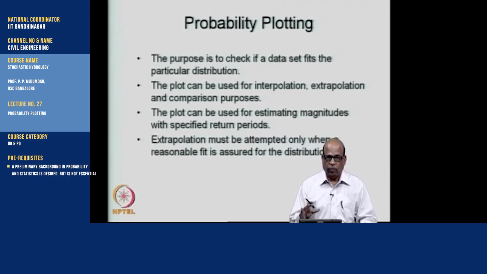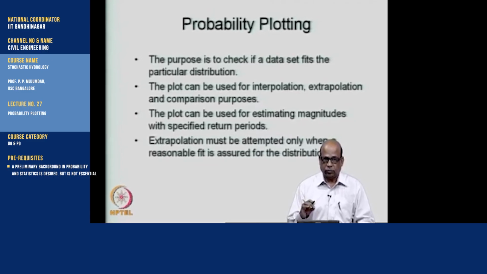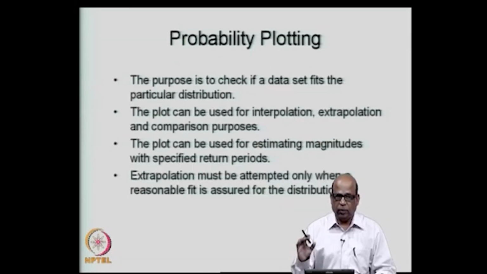So, once you have the probability papers, you fit the data on that particular paper, and if the data fits as a straight line or nearly as a straight line, then you can assume that the sample data in fact is drawn from that particular distribution, normal or Gumbel or whatever.